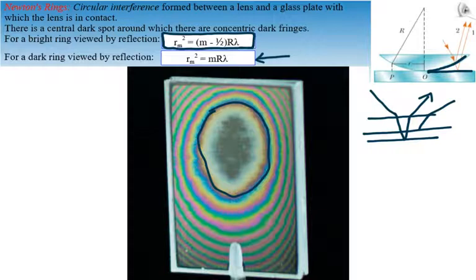So this would be the little r, the radius of the Newton circles, and the uppercase R is the radius of the lens. So let's look at some questions related to these rings formulas.